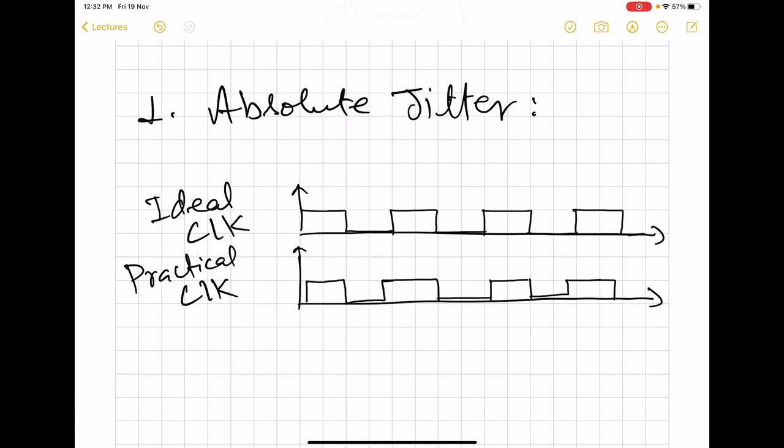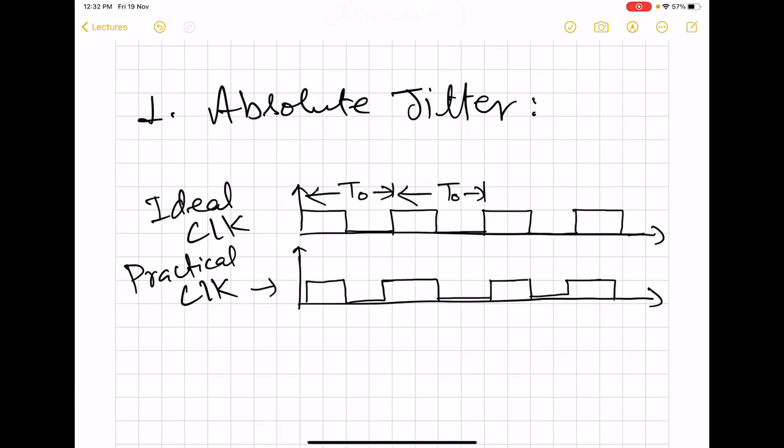Like this. So here each of these cycles has exactly the same period T naught, but here the periods are different.